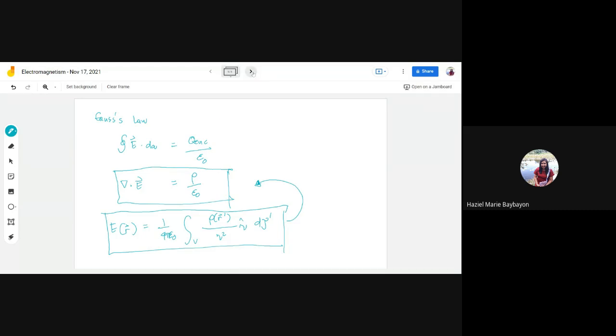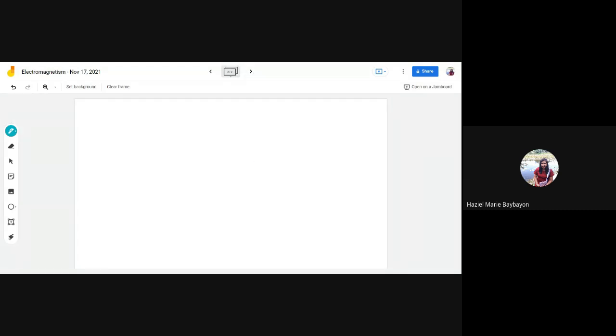So from that equation, we can get the divergence of the electric field, which is equal to 1 over 4 pi epsilon naught integral of, so let us just get the divergence of E. Your electric field is equal to 1 over 4 pi epsilon naught integral of r hat over r squared, times rho of r prime, d tau.